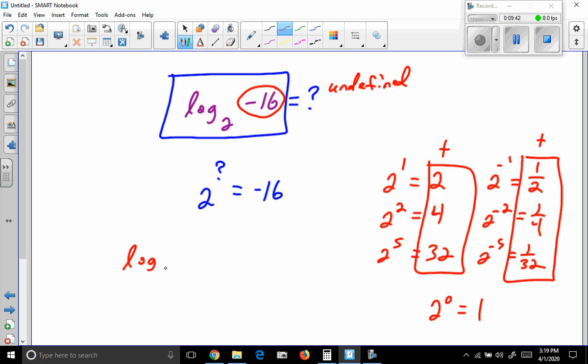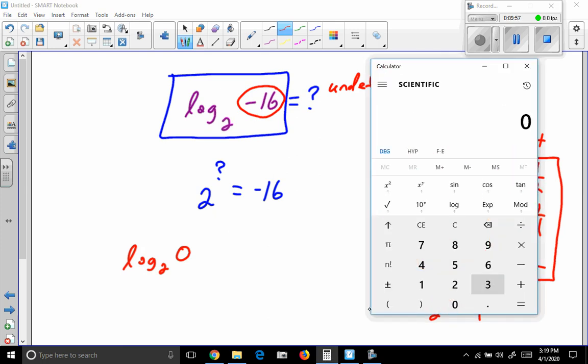Even if we try to take log of 0, we're getting closer to 0 as our exponent becomes more negative, but there's no exponent that's going to give us exactly 0. If we try to take the log of 0, that doesn't work.